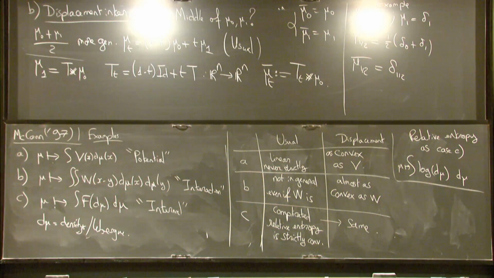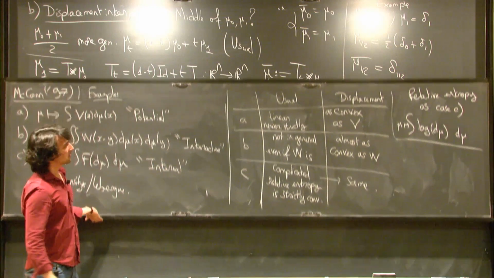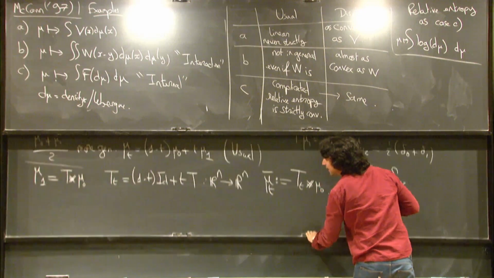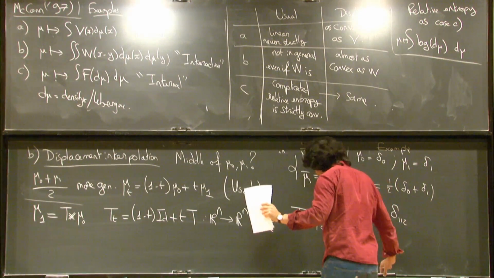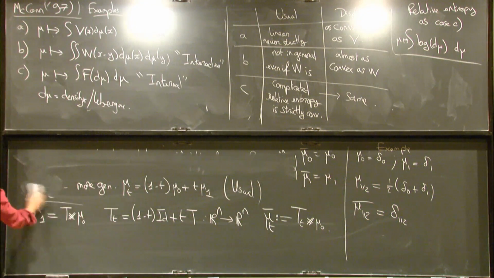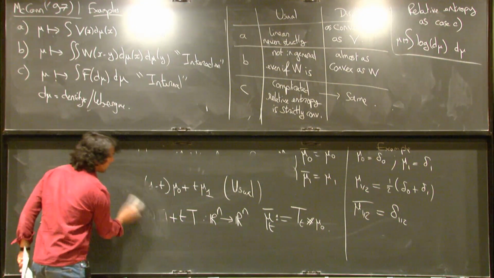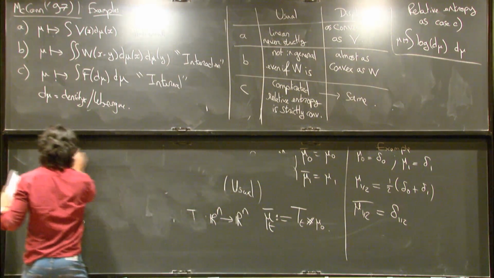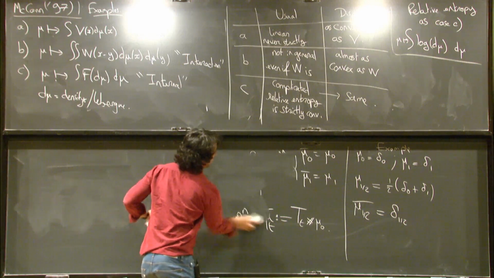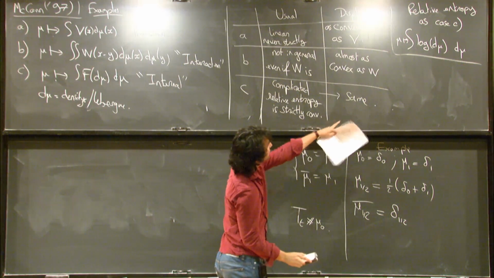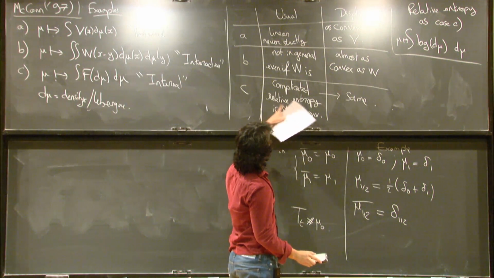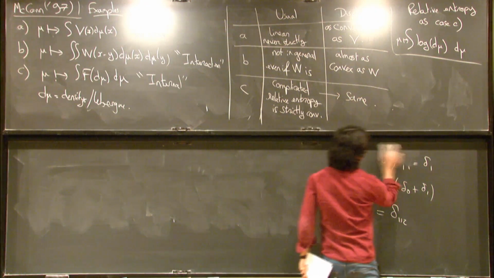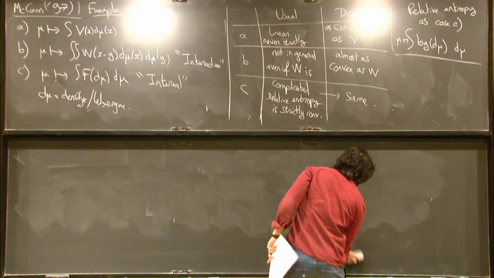So I'm going to do some very elementary computations to prove this. I'm not going to prove all of it, but what's striking is that it's such a natural notion, and the proofs are also very easy. The only sort of difficult proof here is the fact that the relative entropy is convex for the displacement interpolation. I'm not going to do that.